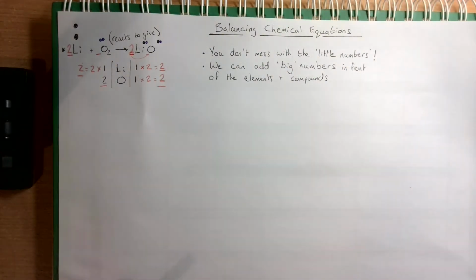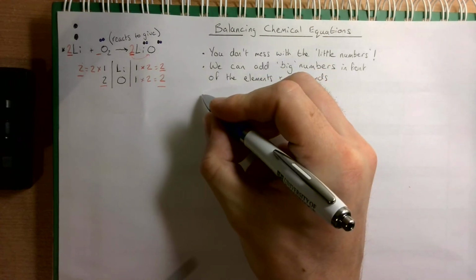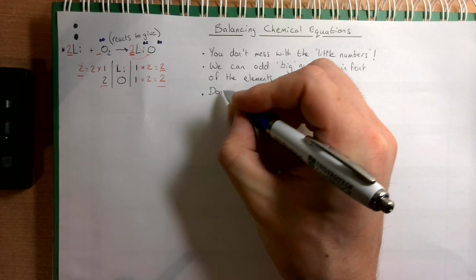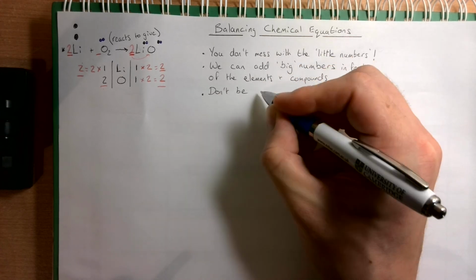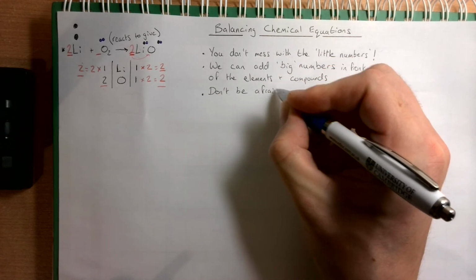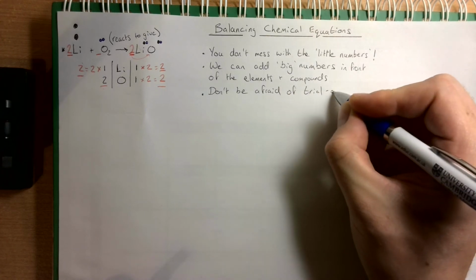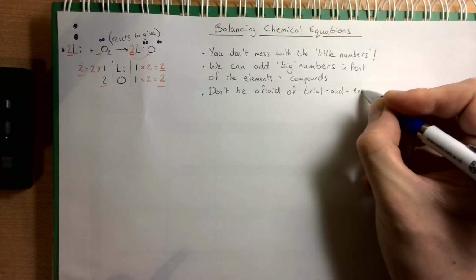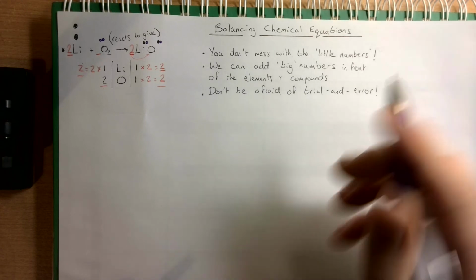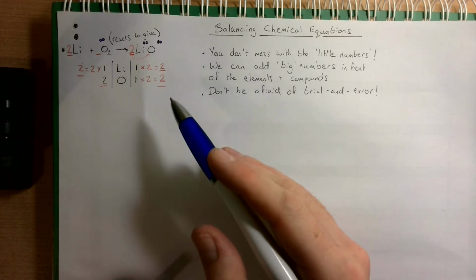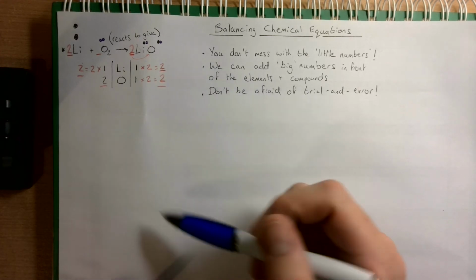Okay, so the thing I can't stress enough here is don't be afraid of trial and error. What I mean by that is that you may well end up putting a 2 in the wrong place or a 3 in the wrong place, depending on what the equation is.